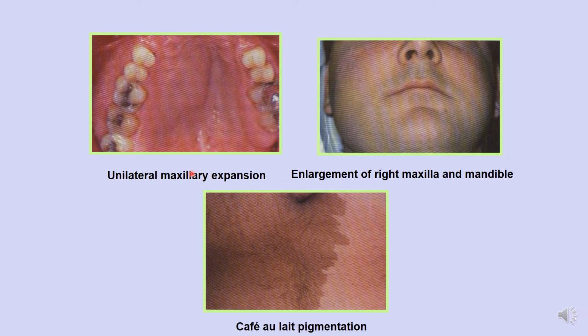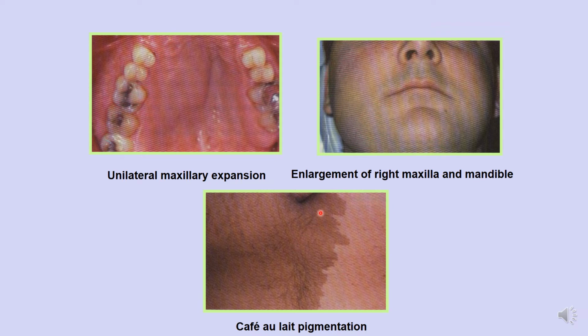Here is a picture of a patient who has unilateral maxillary expansion, enlargement of the right maxilla and the mandible, which is evident here, and this patient has cafe au lait pigmentation. This patient is a white skin patient, where the complexion is fair, and you are actually able to appreciate these tan macules on the skin.